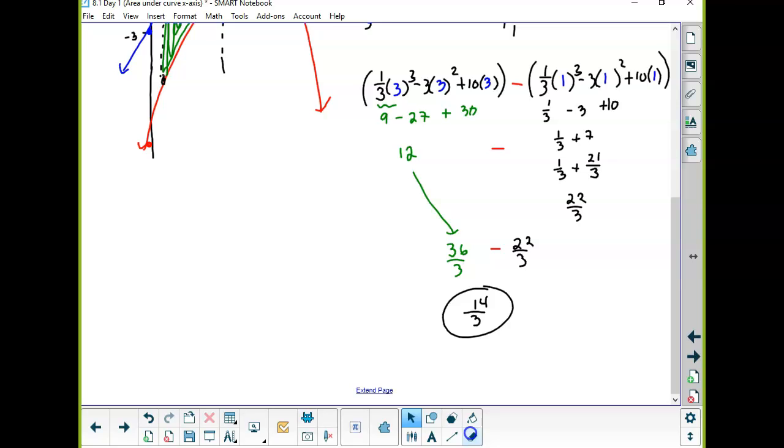I got 14/3. I'm going to check using my calculator just to see that I didn't make any small mistakes.